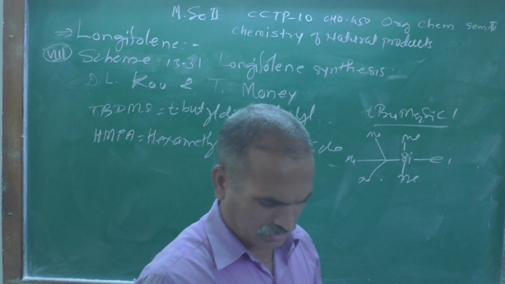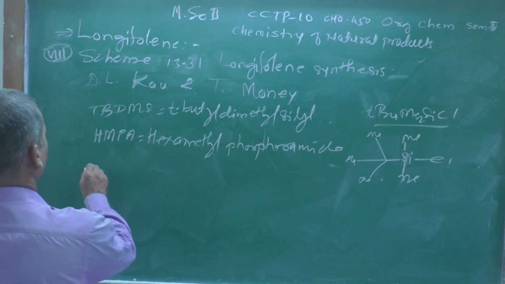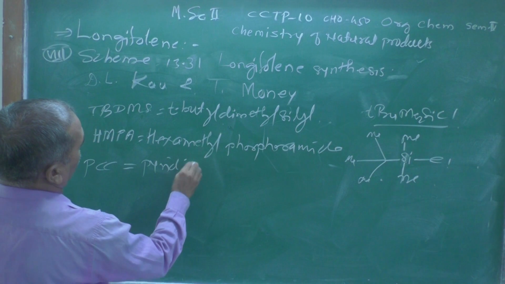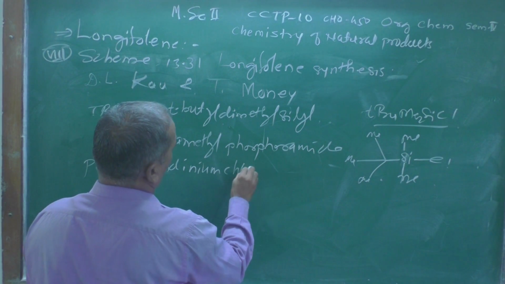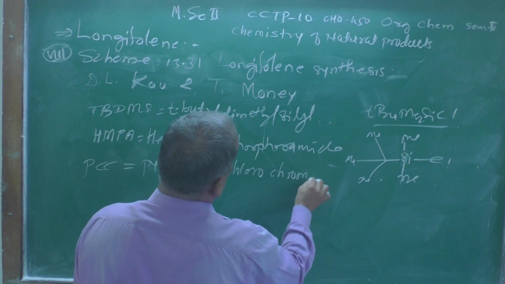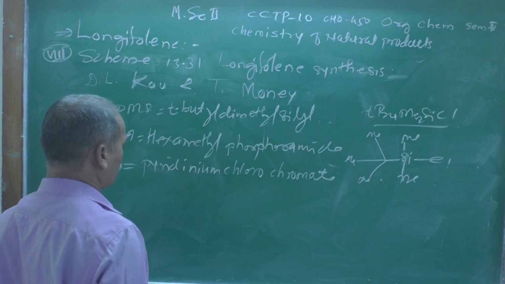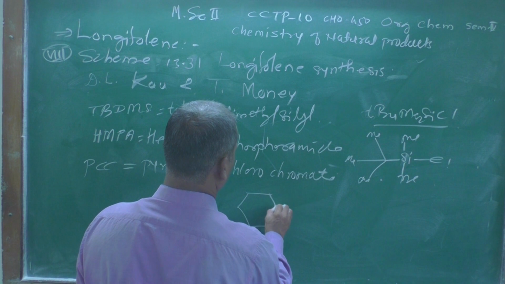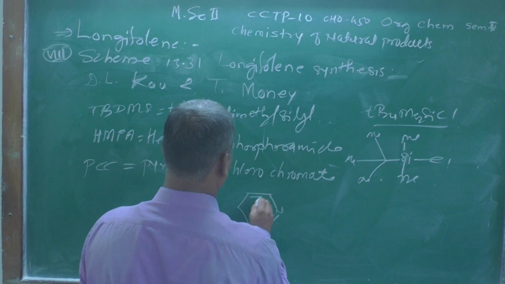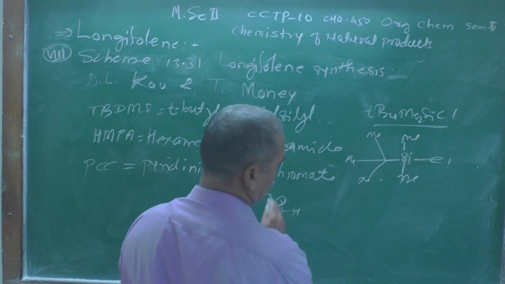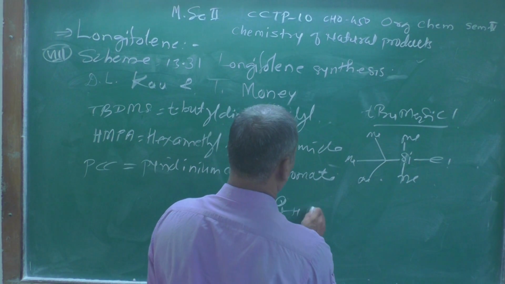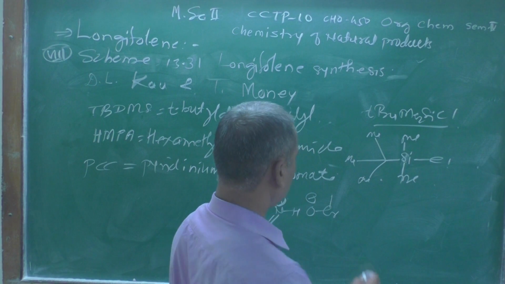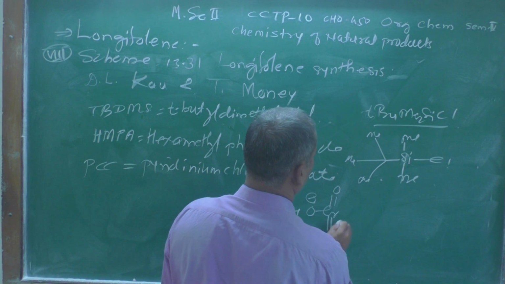Then next will be the PCC. PCC means pyridinium chlorochromate, which is an oxidizing reagent, and the structure of pyridinium chlorochromate is this one: N, then H with positive charge, then O minus, Cr, double bond O, and Cl.